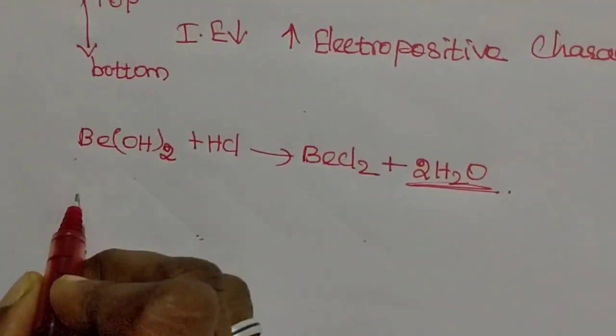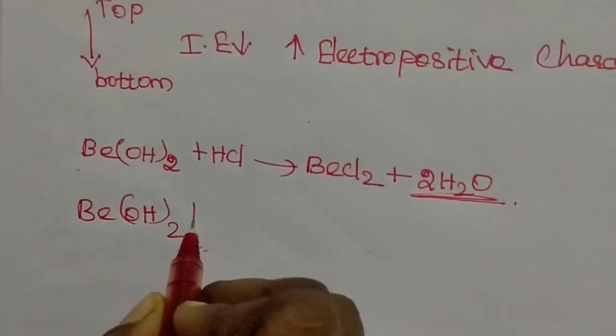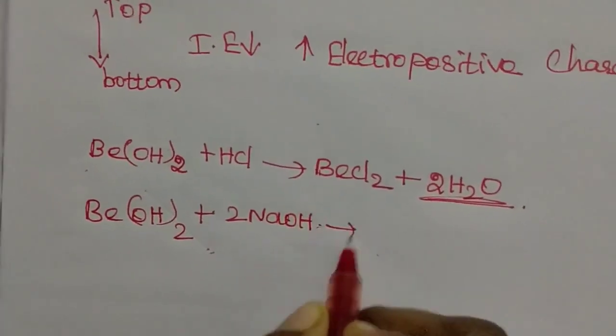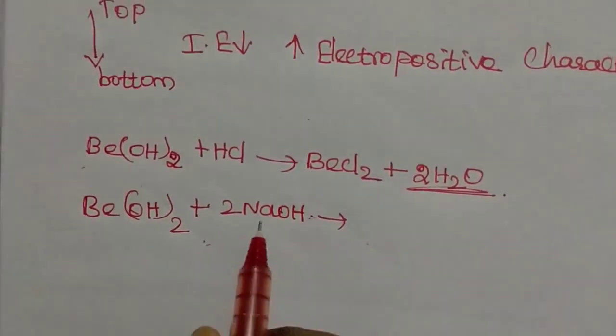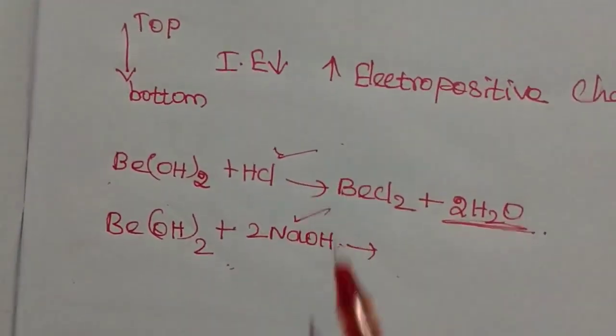And beryllium hydroxide also reacts with 2 molecules of sodium hydroxide. So it reacts with both acid and base.